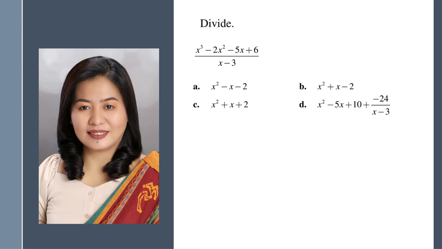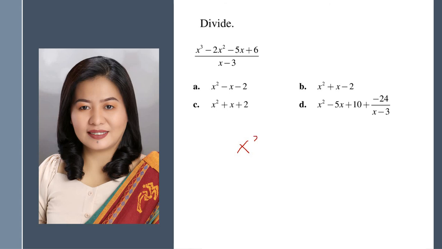Next number, this is our last number, and there are choices. We will be doing the long division method because we do not know if it will have a remainder or not, just like what we did with the other number earlier.